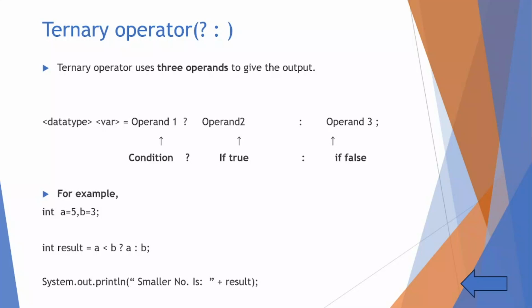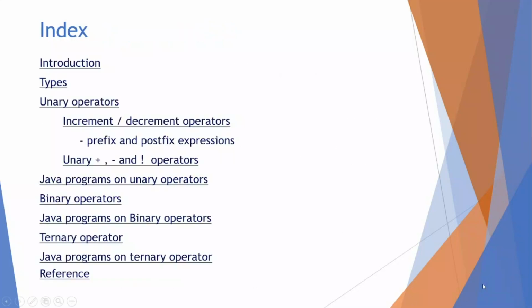And System.out.println is printing the smaller number is result. Because it has stored 3, result will print 3. Let's see the Java programs.